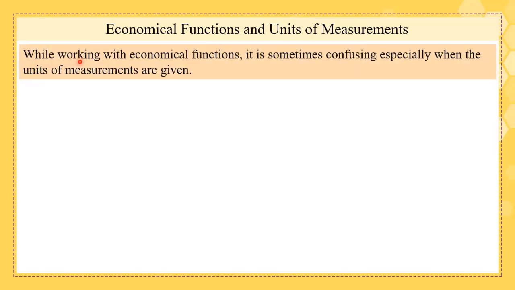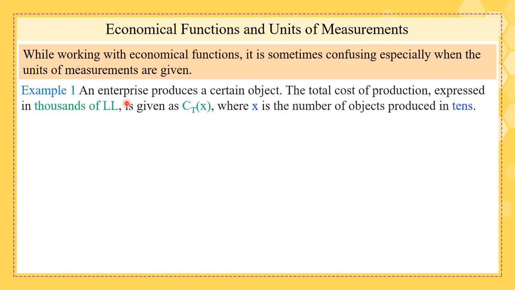Now, let us see the following remark. While working with economical functions, it is sometimes confusing, especially when the units of measurements are given. To face and control this confusion, let us solve the following examples. Example 1. An enterprise produces a certain object.